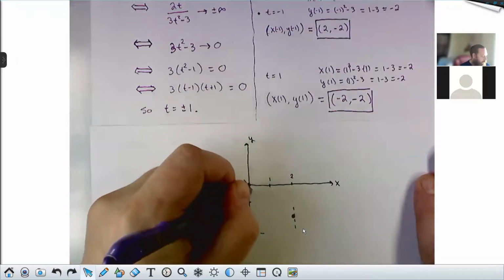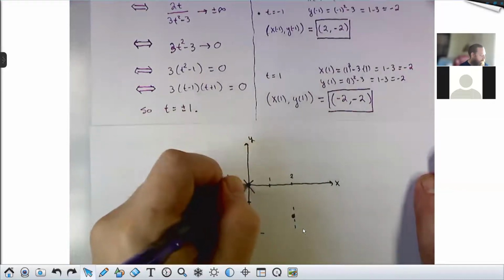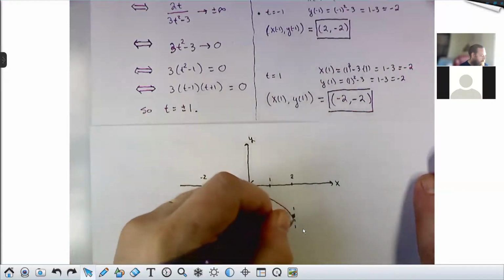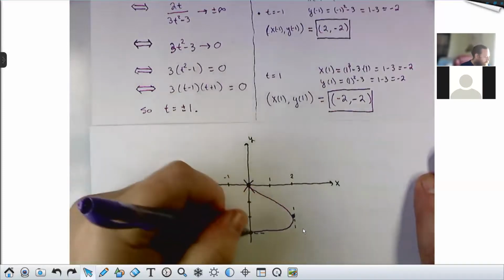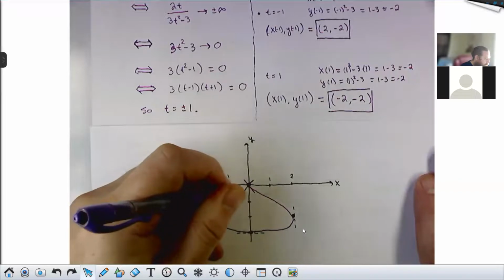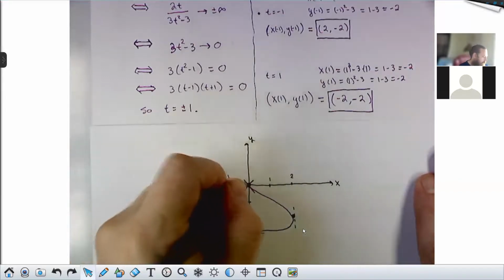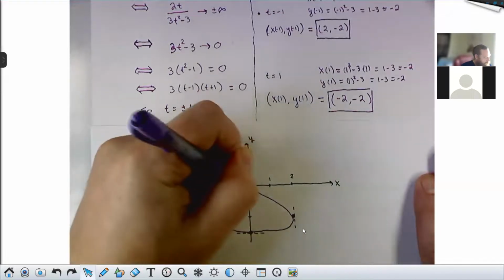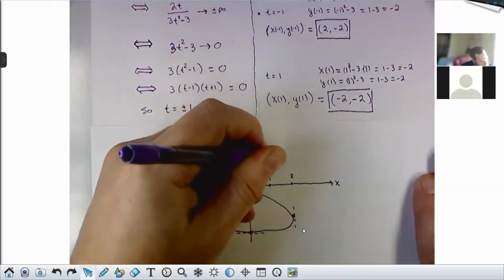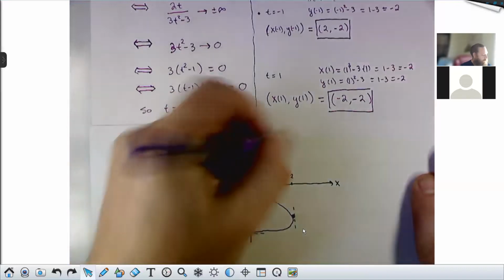So we cross through the origin twice, once on the way in, and we do something, modulo my bad art, something like this. Shouldn't be dipping down, and maybe it's too shallow, but something like this. This is the curve.